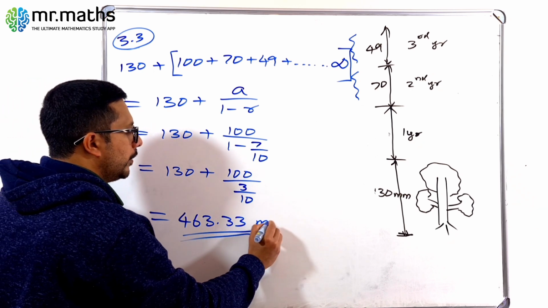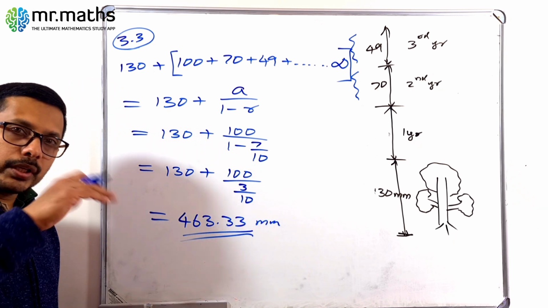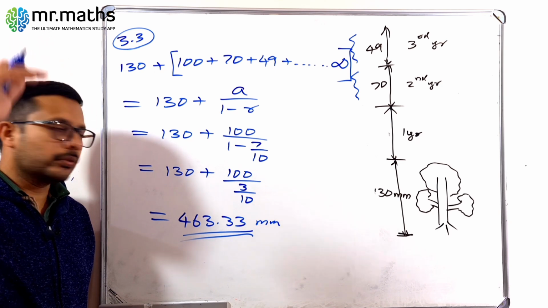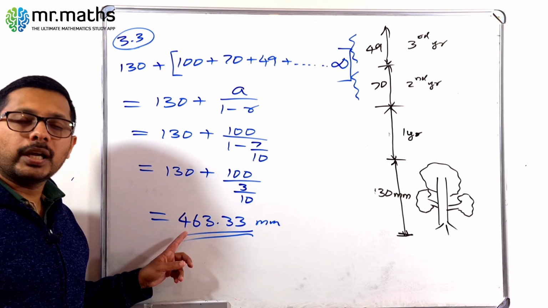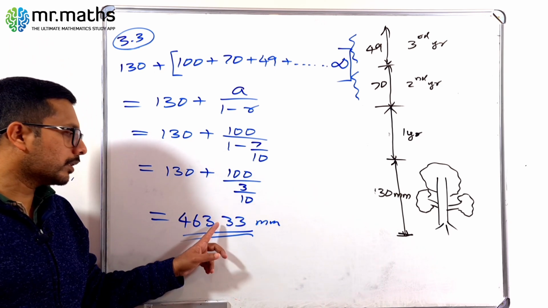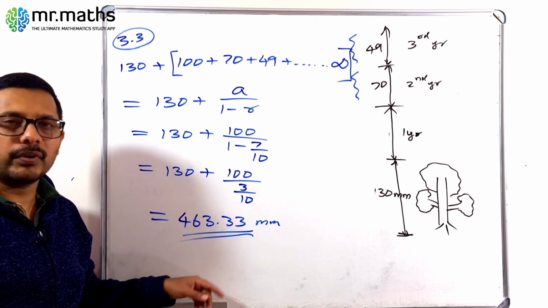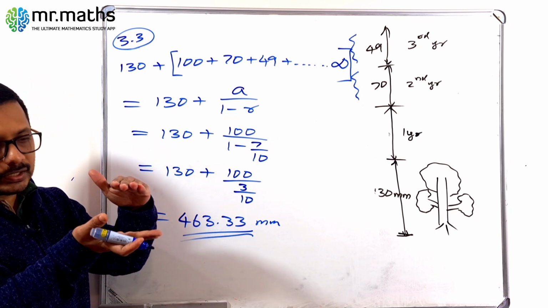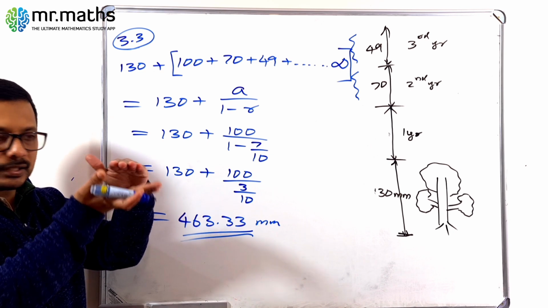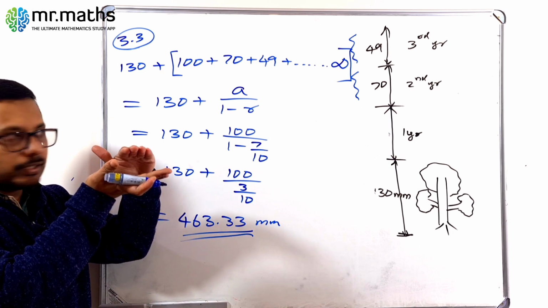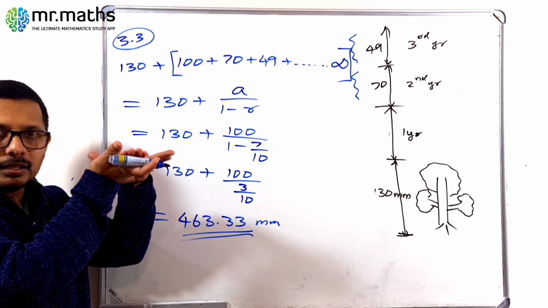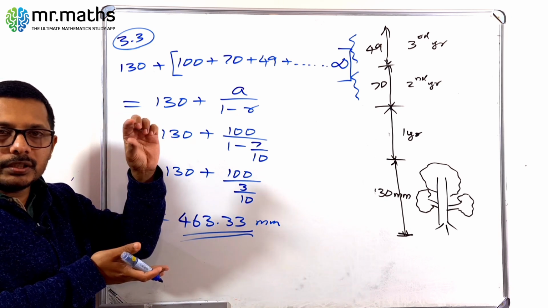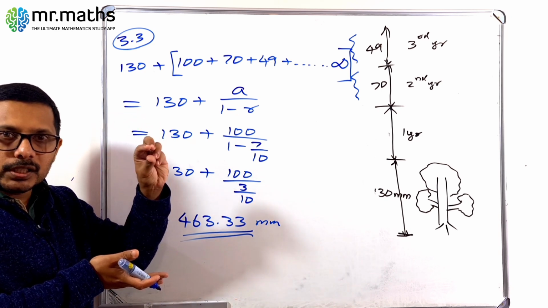463.33 millimeters. That means when the tree keeps growing, the maximum height is going to be 463.33. You know why we can say that? Because each year the height increase is less: 100, 70, then 49, 38, 25, 15, 11, 6, like that.